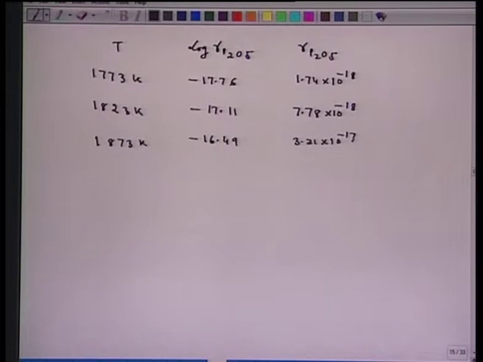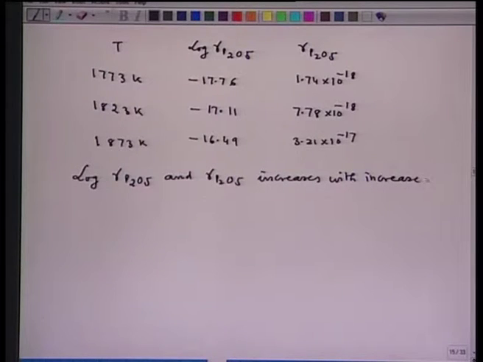Now, what is the conclusion? The conclusion is that log gamma P2O5 and hence gamma P2O5 increases with increase in temperature. So, what does it follow from here?